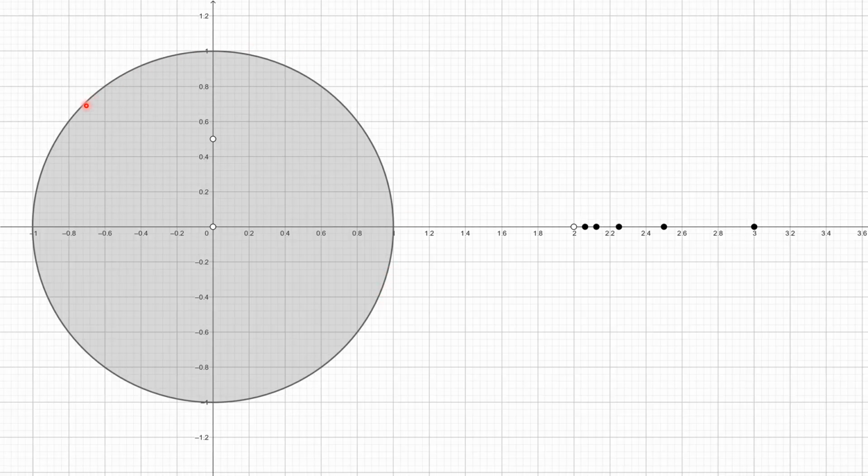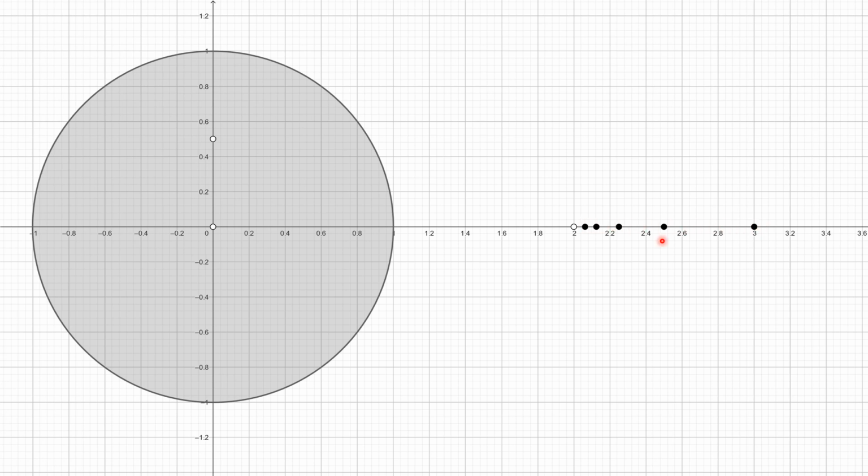So here we have the diagram of what we were talking about on the last slide. We have the unit disk. The two little white things here are the points we removed. So, as we mentioned, they're not in the set, but they're limit points. They're also adherent to the set. Then we have this set of points here, this sequence.